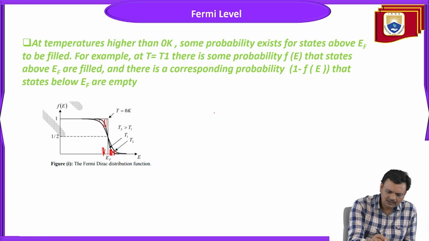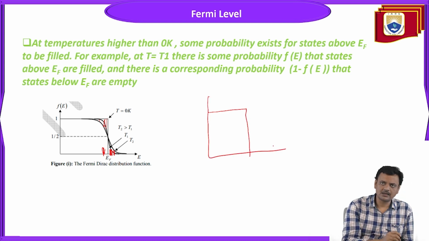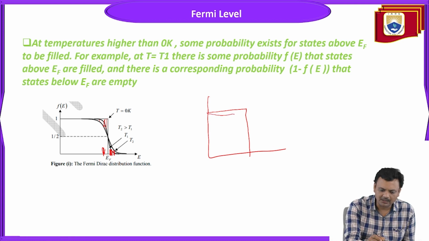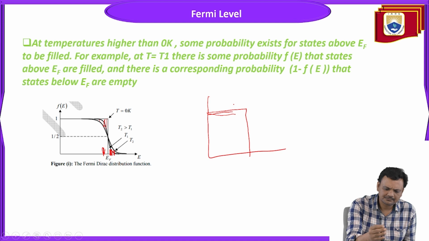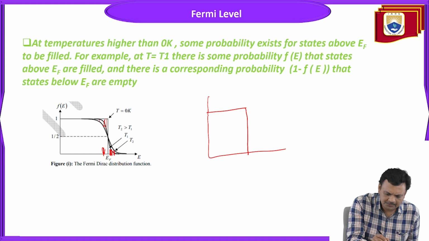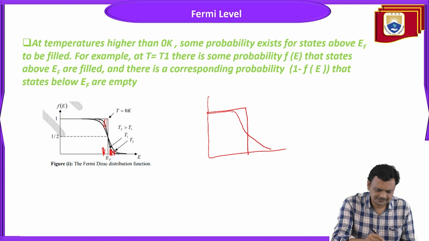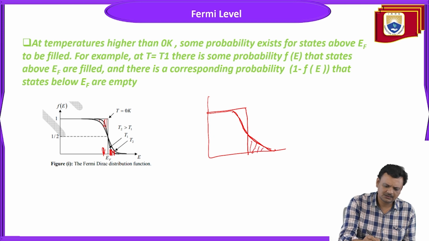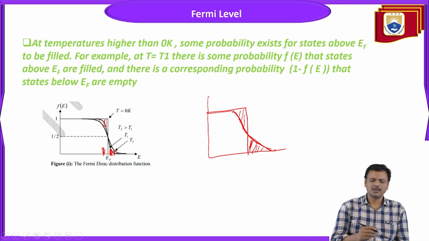This distribution function, if it is the rectangle kind and any smearing happens, then this area and this area will be the same. What is this area?